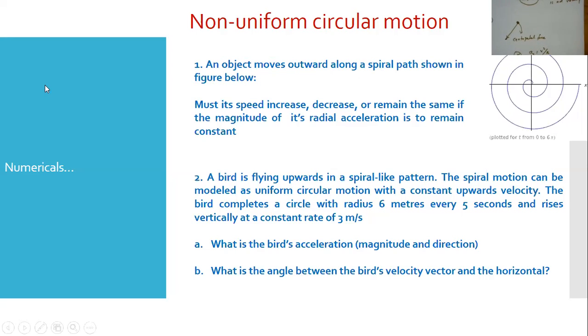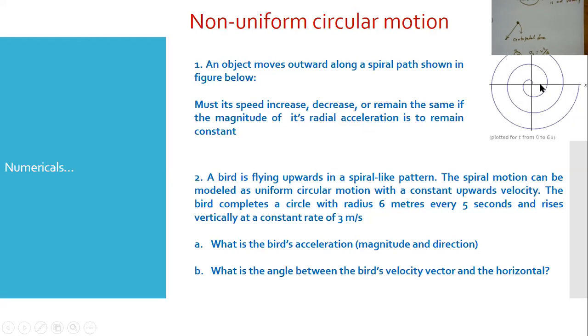Now, what is being asked? Must its speed increase, decrease, or remain the same if the magnitude of its radial acceleration is to remain constant? When a particle is moving in a uniform circular motion, the speed of the particle remains constant. Radius is also constant. AR is constant. Now, here what is happening? As the particle is moving away from the center, the radius of the circle keeps on increasing, right? If I consider this radius, it is larger than this smaller radius.